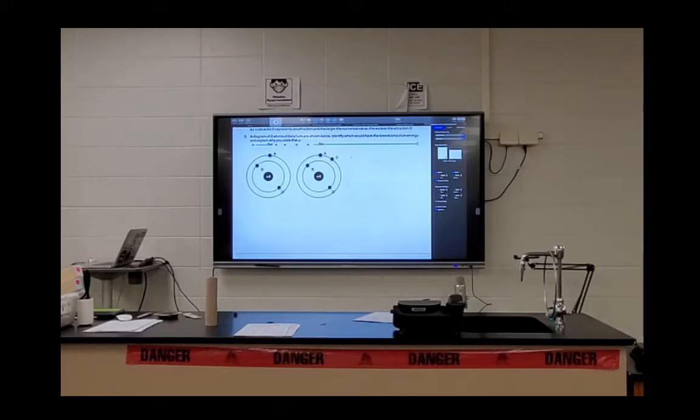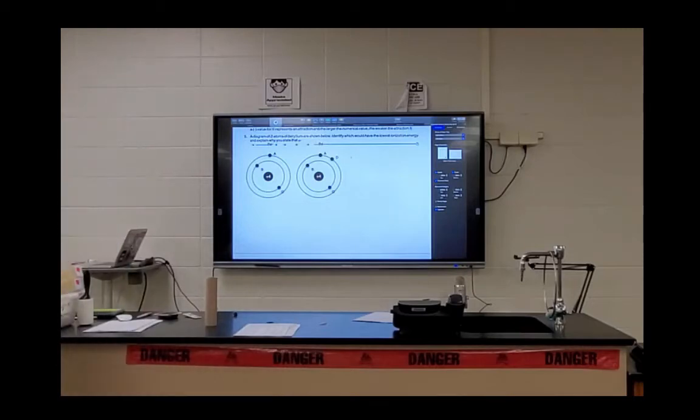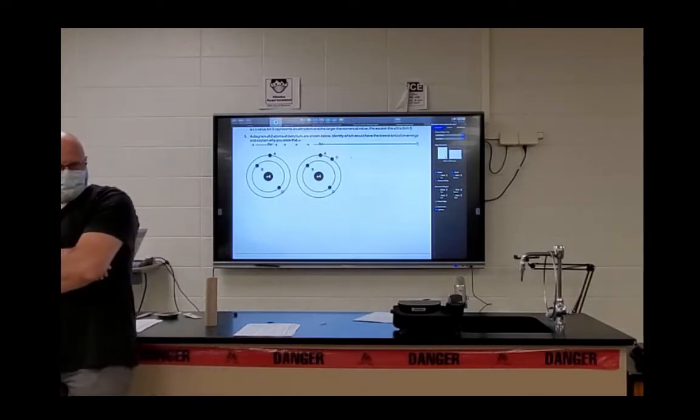The number of valence electrons. No. Kind of, but no. Not the way that you're thinking about it. What's another factor affecting the attraction?